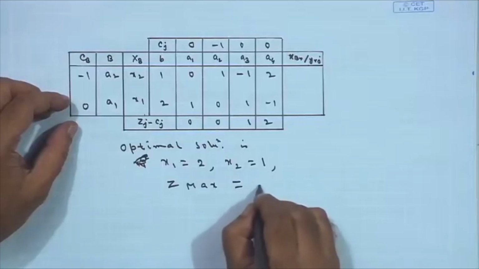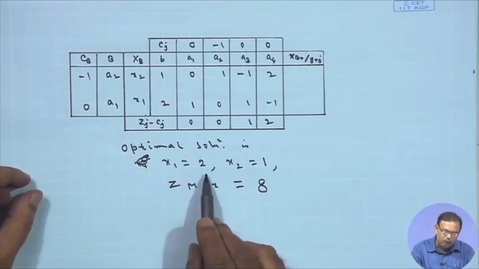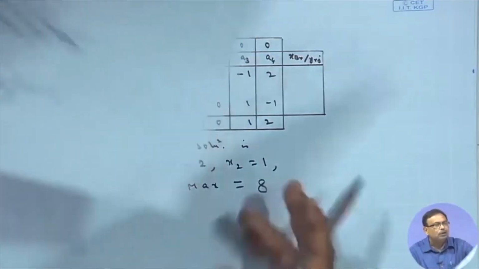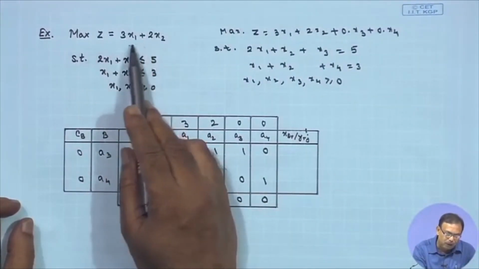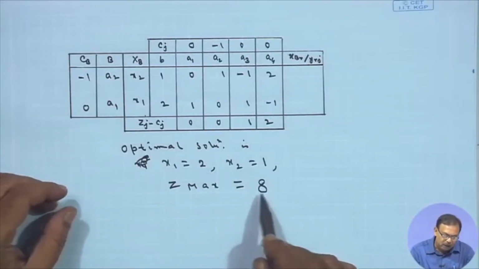Your original problem had 3x1 plus 2x2. So, therefore, this will be minus 1 and minus 3, so z max will be 8. So the optimal solution is x1 equals 2, x2 equals 1, and the maximization problem was z equals 3x1 plus 2x2, and from here I obtain the value as 8.